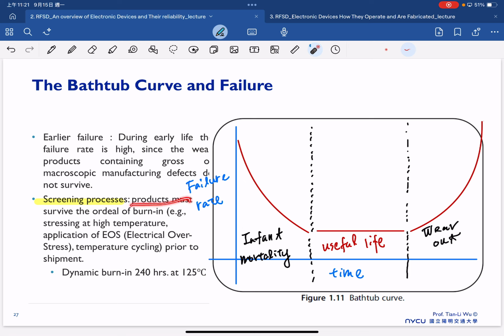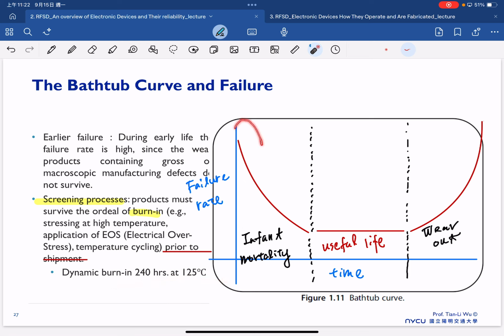The product must survive certain tests that we call burn-in, which is testing with stress at high temperature, electrical overstress, and temperature cycling prior to shipment. This is one example of burn-in at 2400 hours at 125 degrees Celsius.